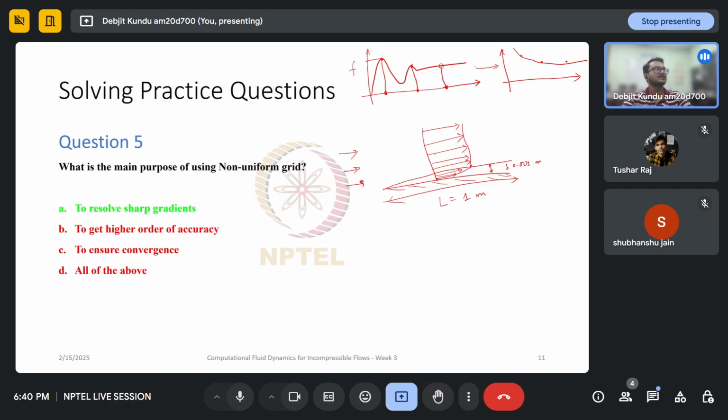Is there any similarity between these two? You're obviously missing some drama that's going on here. There's a sharp dip here, there's a dip over here, and so on. So in order to resolve those, we need to have a very fine grid in this region. And in this region, it's not so important because that's mostly flat over there.